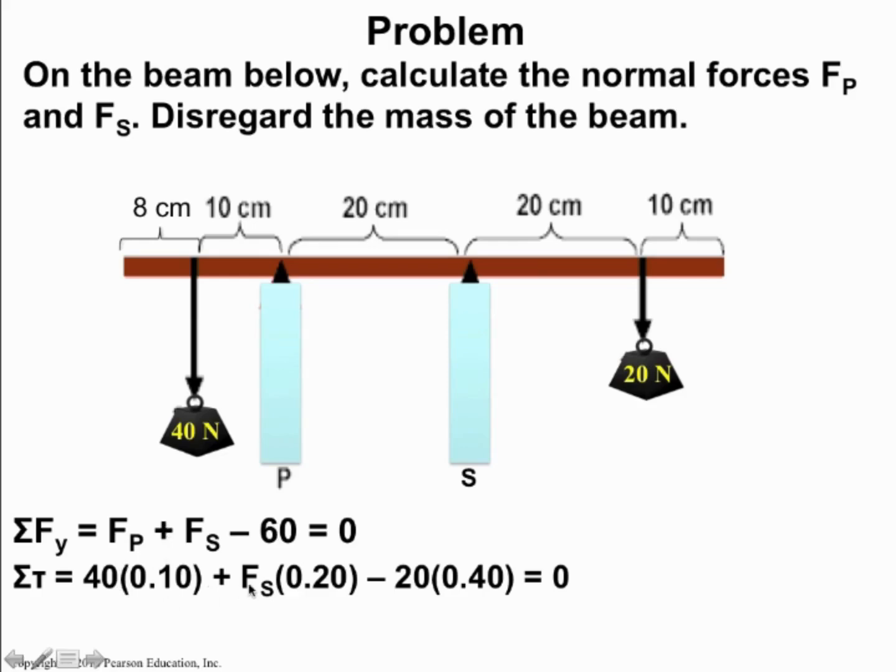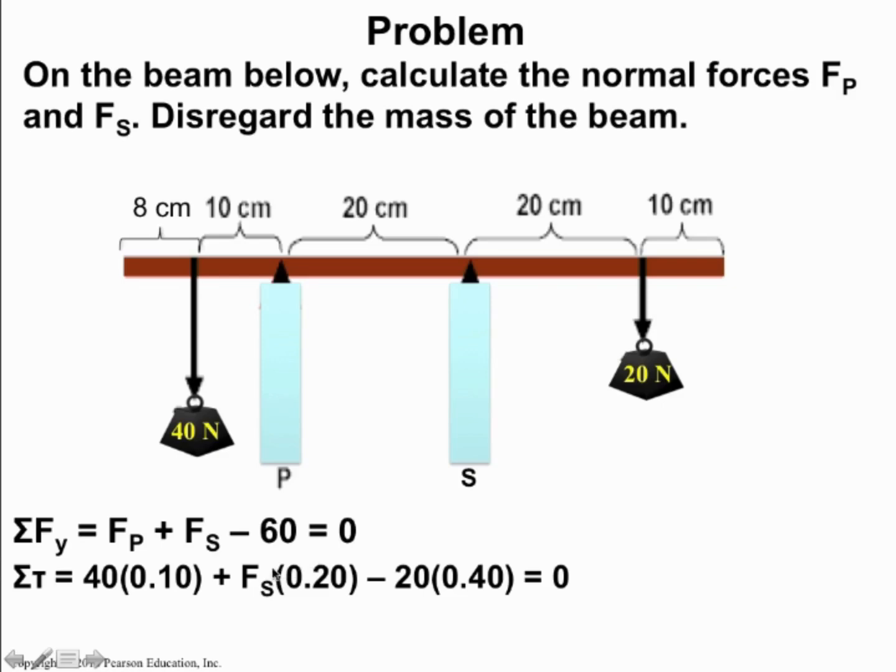Now moving on to the next torque, remember that P is our pivot point, or our axis of rotation. So since everything revolves around that, that wouldn't be included in the torques. And so our next torque is Fs. Fs is an upward force, a certain distance, 20 centimeters away from the axis of rotation. And that's why I have written here Fs times 0.20.